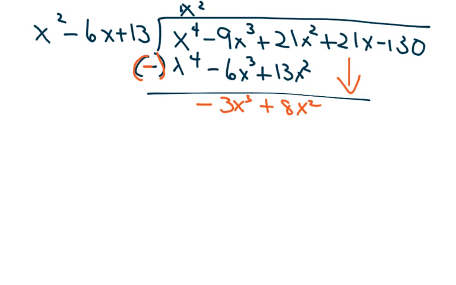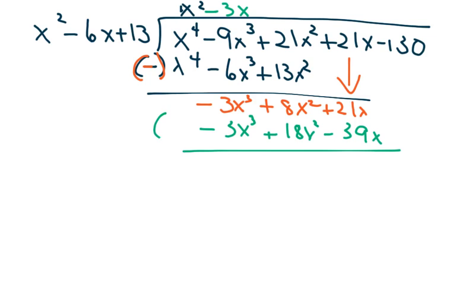Bring down your 21x. And the next thing will be minus 3x, because that's going to give me negative 3x cubed, plus 18x squared minus 39x. Now you're subtracting the whole thing.